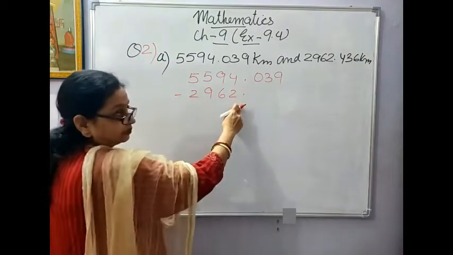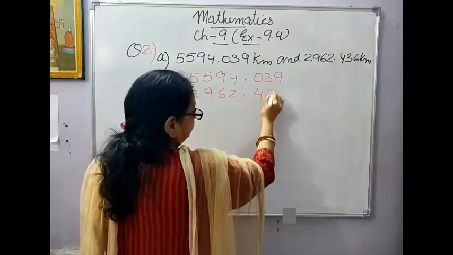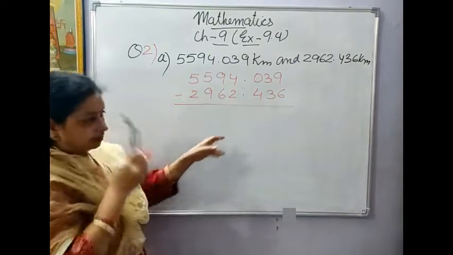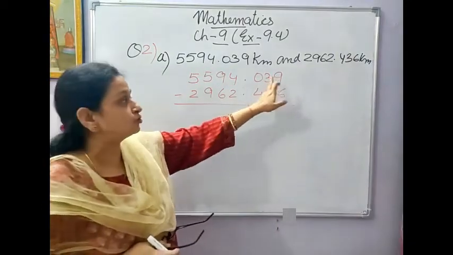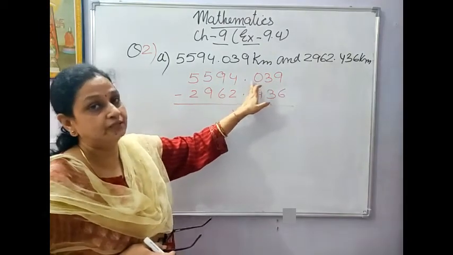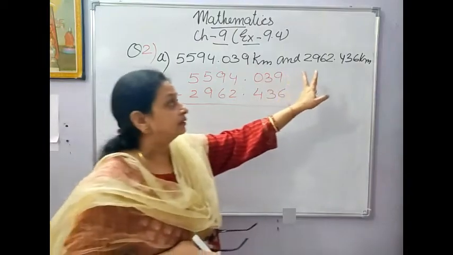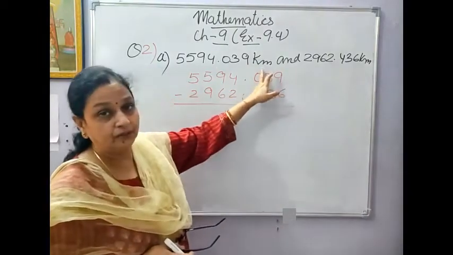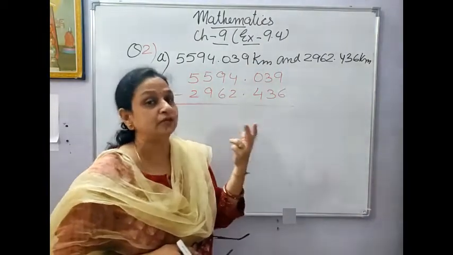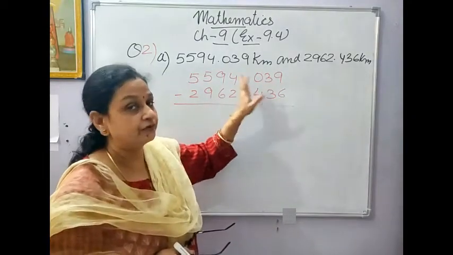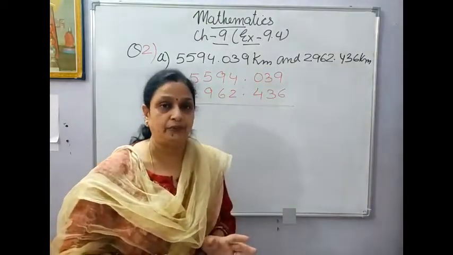Put the decimal below the decimal, 436. And now subtract. Already 3 places, so you need not put a 0 over here. 1, 2, 3, because there are 1000 meters in 1 kilometer. 1000 means 3 zeros, that means 3 places. So we will not put an extra 0.